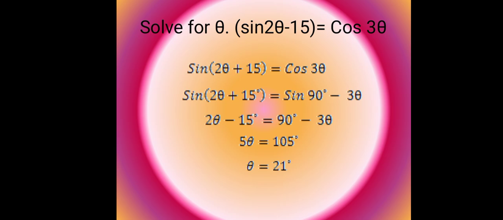Solve for theta. Sin 2 theta minus 11 is equal to cos 3 theta.